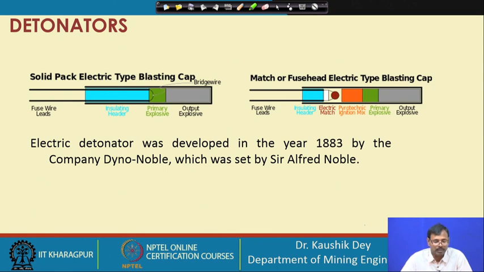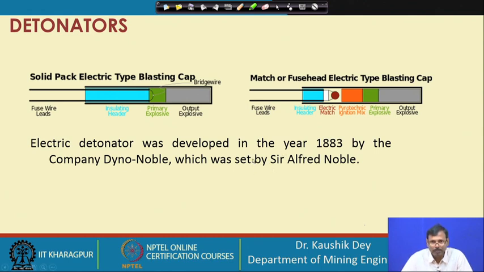One is where the bridge wire is used, and the bridge wire gives the flame to the primary explosive, and the second where the fuse head is used, and the fuse head gives the flame to the primary explosive. So, using these two techniques, the electric detonator started in 1883 onward.